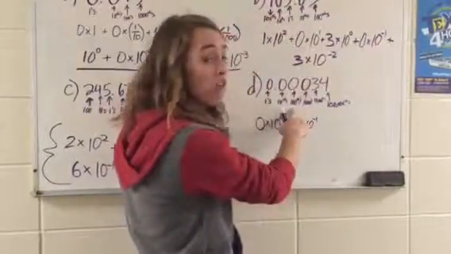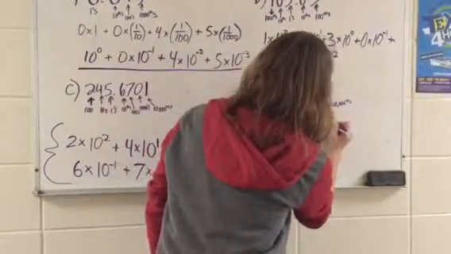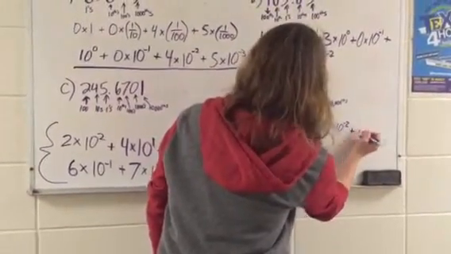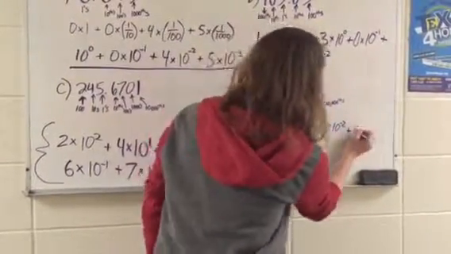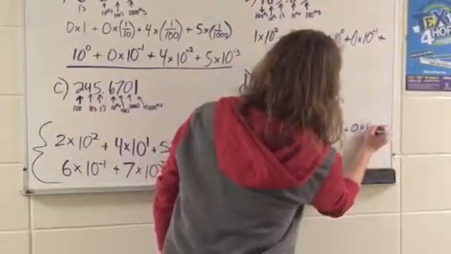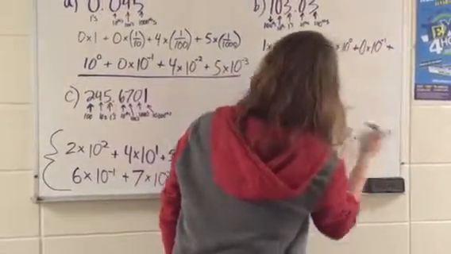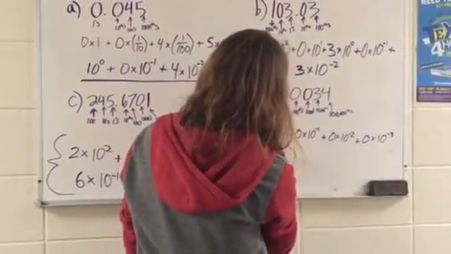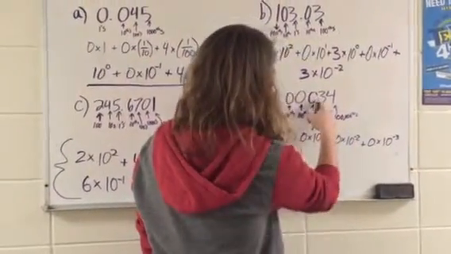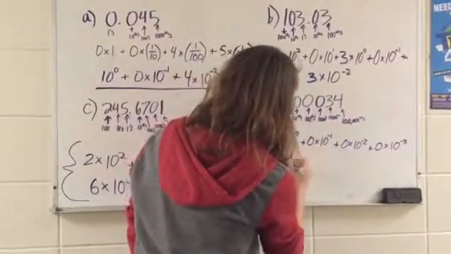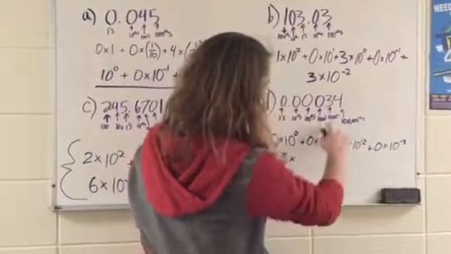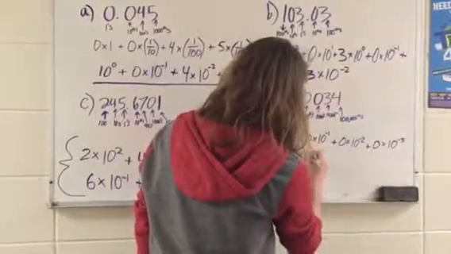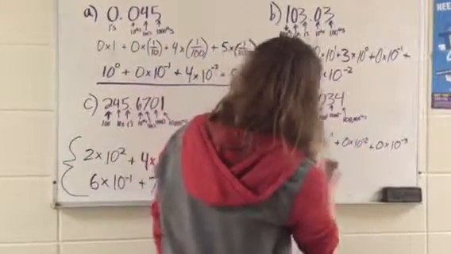Now we're moving on to the hundredths place, plus 0 times 10 to the negative 2, plus, we're on this 0 now, 0 times 10 to the negative 3, because we're in our thousandths place. We're going to move down here, plus, we're on to our 3. So 3 times, what place value is it in? It's in the ten-thousandths place. So we're going to do 10 to the negative 4th.